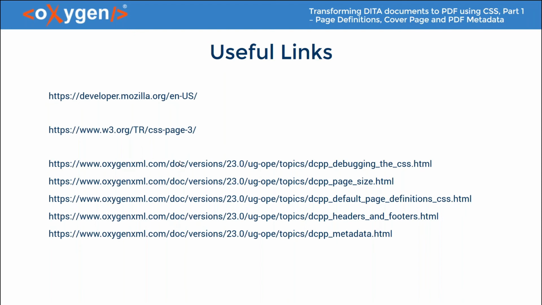The same rules can be found also on the W3 website, where we have here the third version of the CSS selectors and the properties. And I created all this webinar using part of these topics you will find in the user guide.